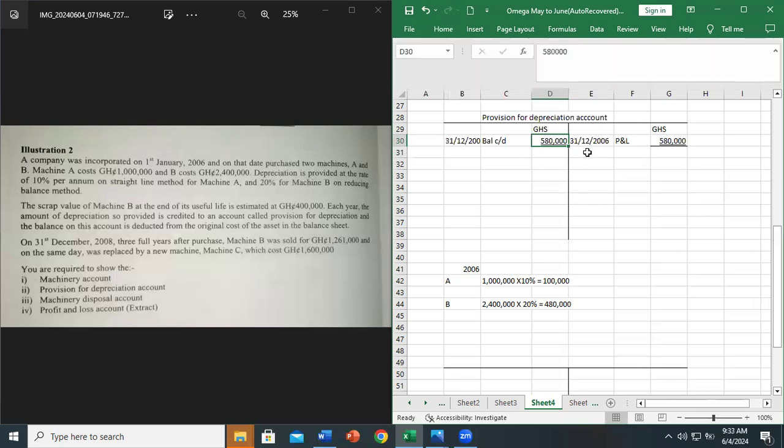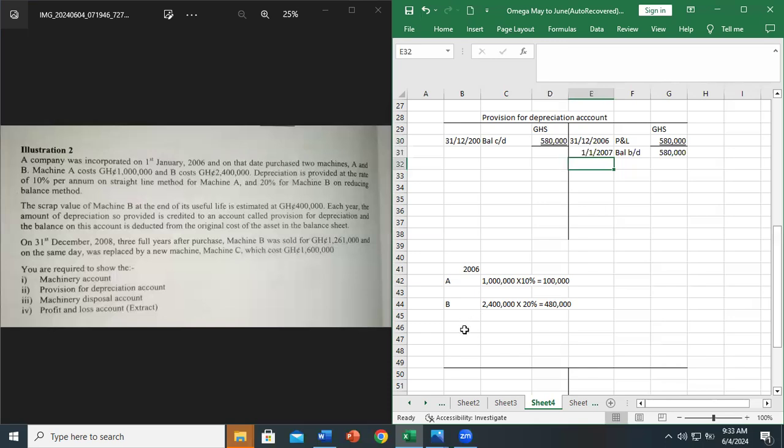So this will be carried on to 1st January 2007, balance brought down 580,000. Okay, so we are now in the year 2007.